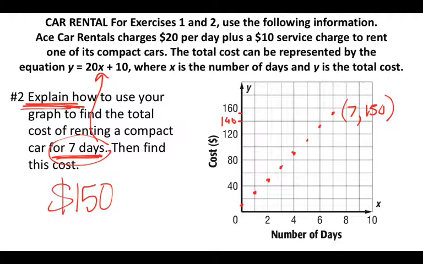So that's on you, how you want to explain how you would use your graph. You could say you would continue using the slope till you get to the 7. You could have also said you would take a ruler and you would measure through, and if you did the measurement, you would see that it was going to be $150. That's kind of up to you how you determine the cost of 150. Do know it is 150 when you're checking yourself.